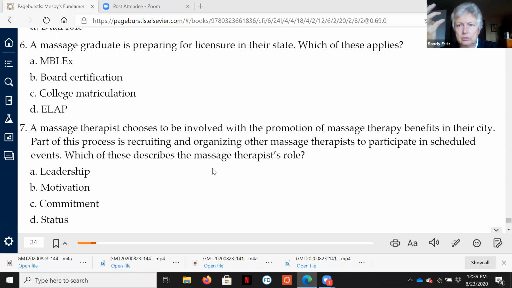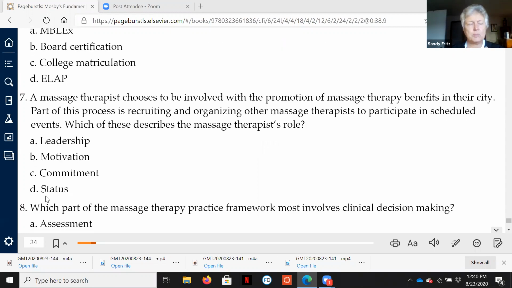What is that called when that occurs? So this is almost a definition question, but not quite because it's embedded. So we've got leadership, motivation, commitment, and status. We have to know what each of these means.